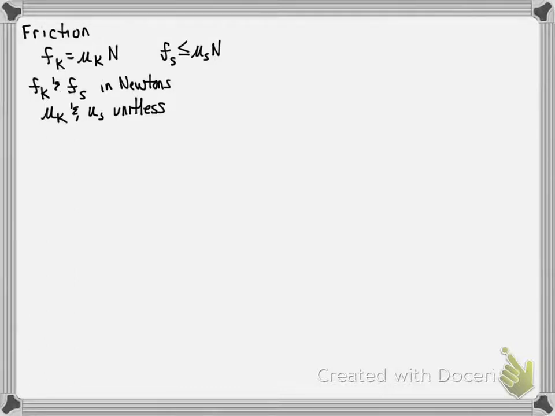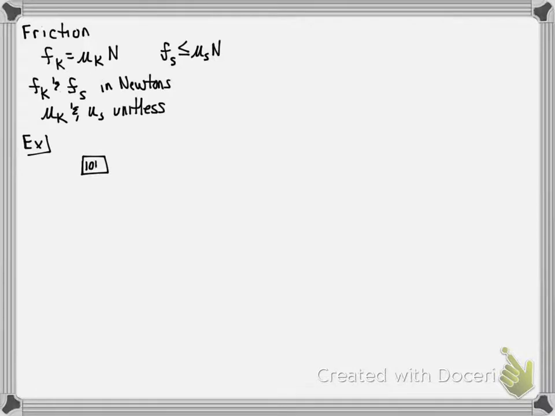That is not F. Because if the coefficient of kinetic friction is 0.3, you were given a number that has no unit, therefore that has to be the unitless number, mu, not the force of friction. So you have to read carefully. If you see coefficient, zero in on coefficient, not on friction.